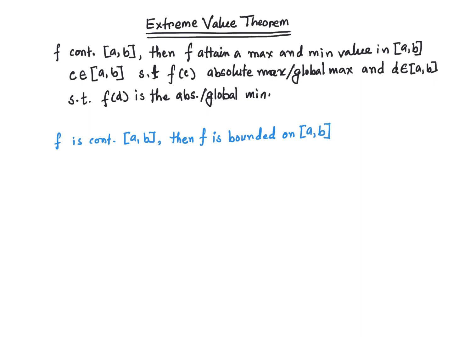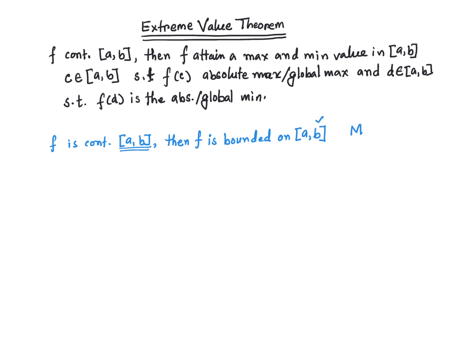If f is continuous on this closed interval, f is bounded above by some number, let's call it M. That means for all values of x within this interval, f of x is less than or equal to M, bounded above by this uppercase M, and bounded below.